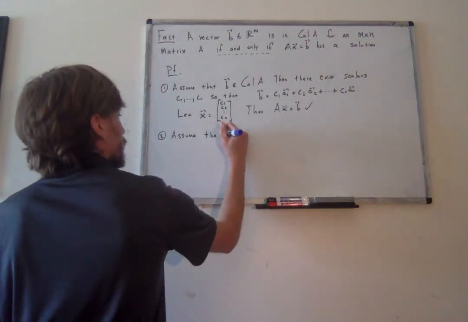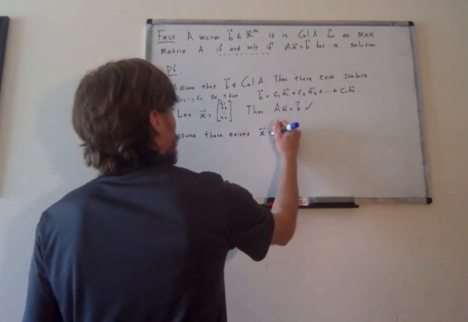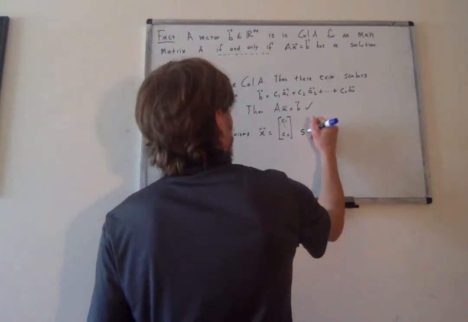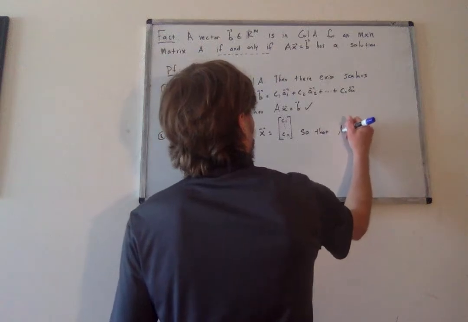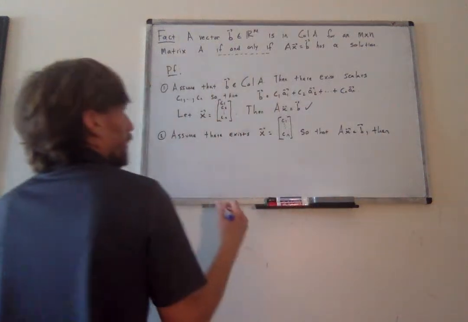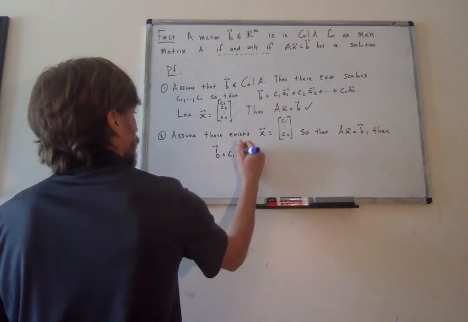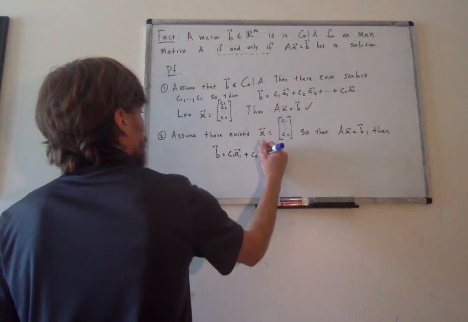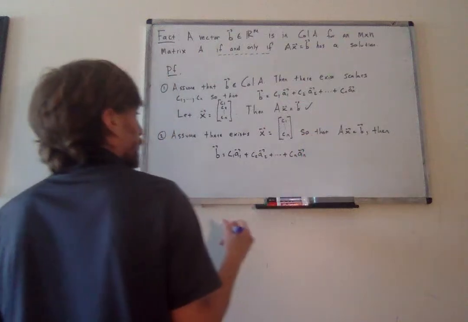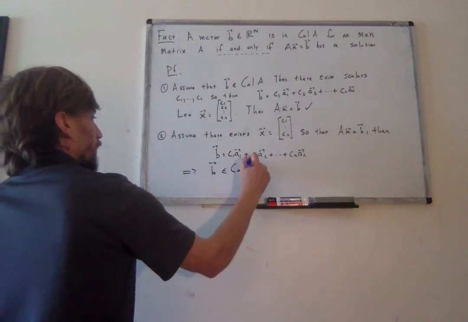So if we assume there exists some vector x equal to, again, C1 through Cn, so that AX equals B, well then by expanding this, B is just equal to C1 times the first column of A plus C2 times the second column of A, and so on, plus Cn times the nth column of A. And this implies that B is in the column space of A.